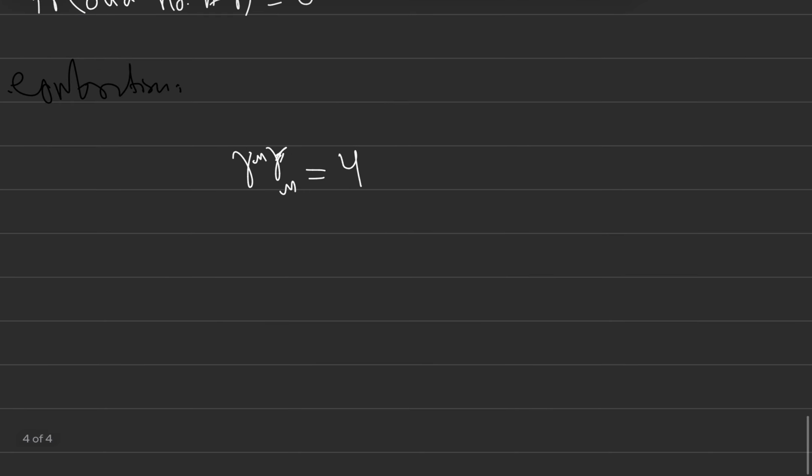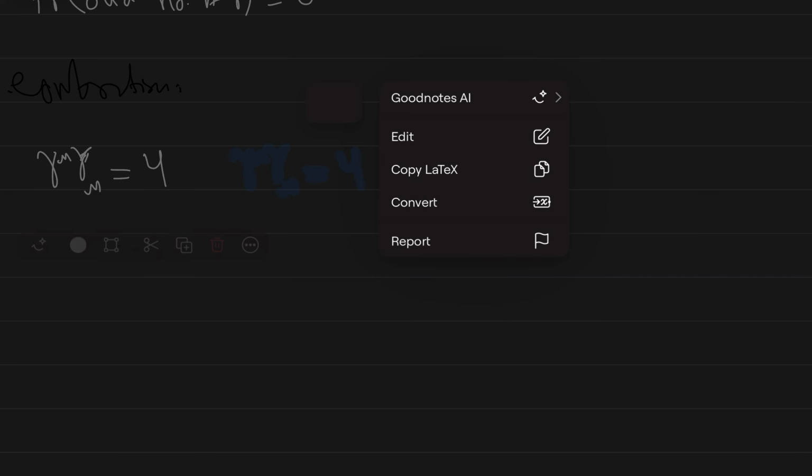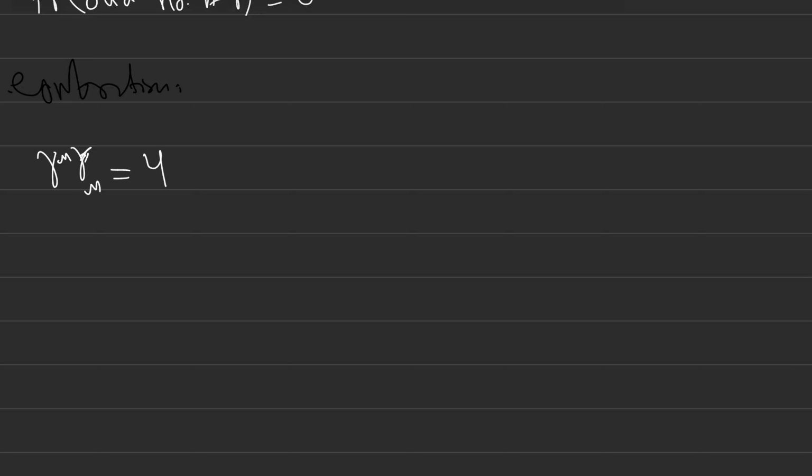While if you contract 3 matrices like this, what you get is minus 2 gamma mu. So the matrix in the middle of the duals, which are dual of each other, will give you minus 2 times the matrix.